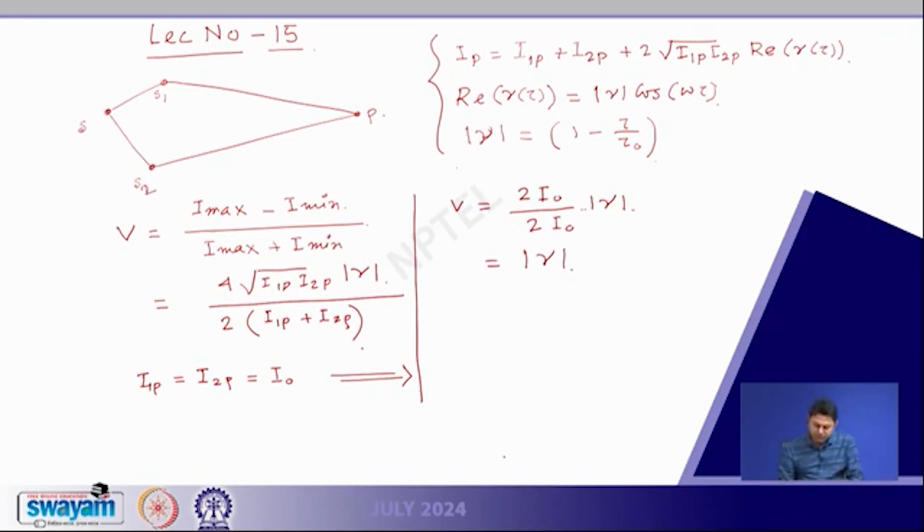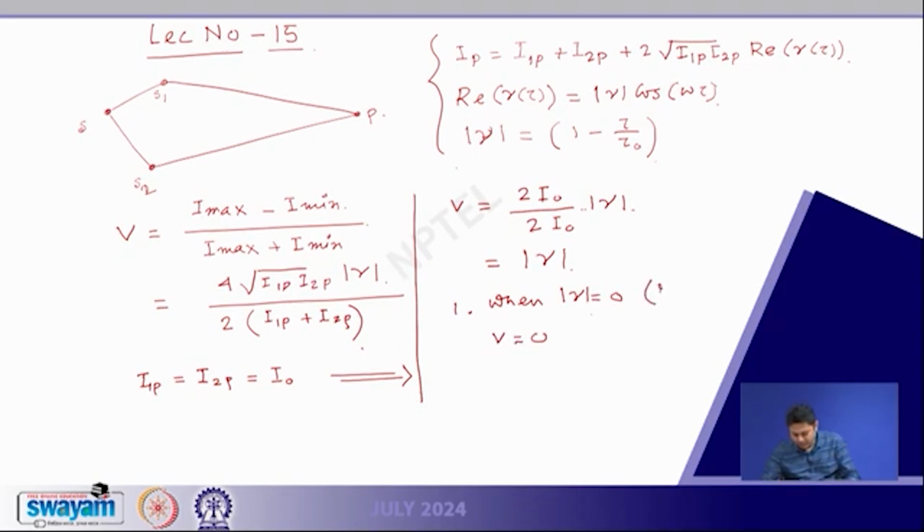And now I can put three conditions together. One, when mod of gamma is equal to 0, that means it is completely incoherent. Then the visibility is 0.